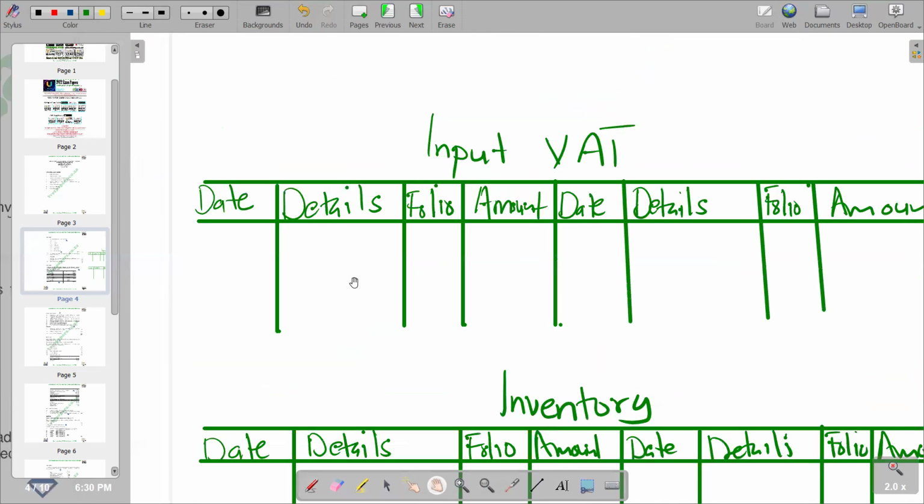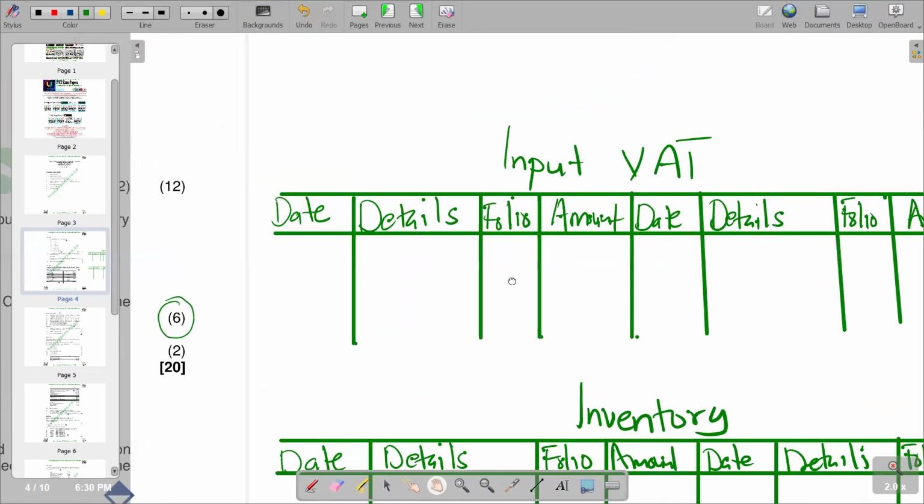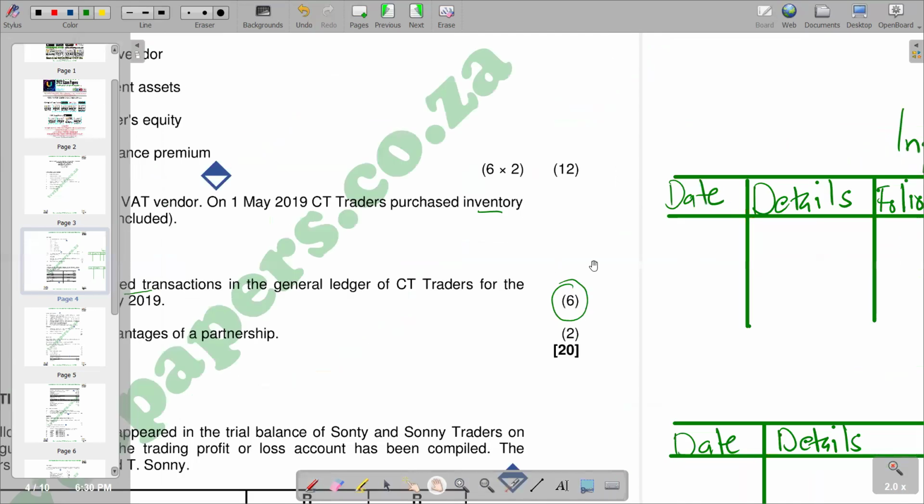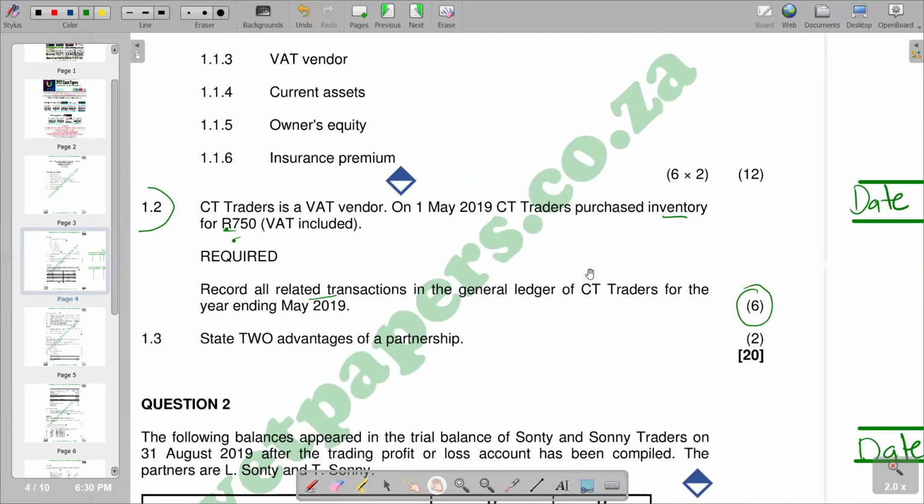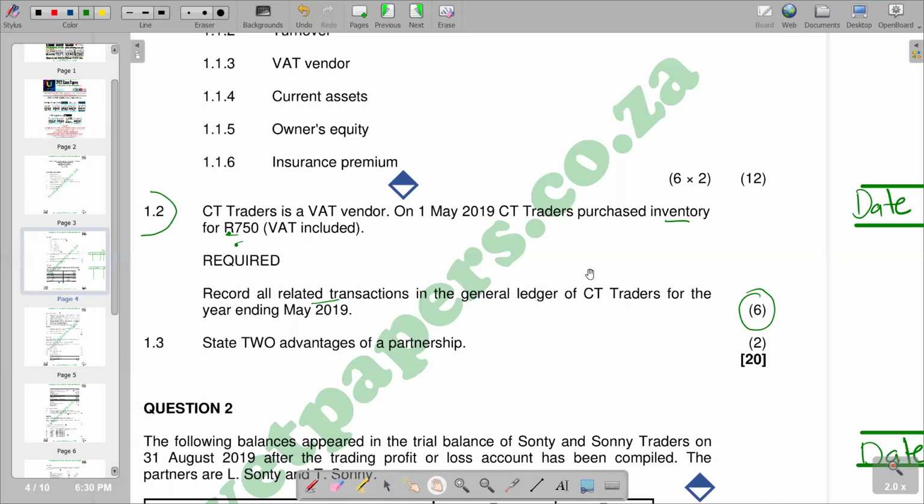In terms of input VAT, we want to find the VAT component inside the 750. The 750 is inclusive. Remember, we are going to make our calculations based on the proportions of VAT. If we say VAT exclusive, and then we add the VAT component, we get VAT inclusive.